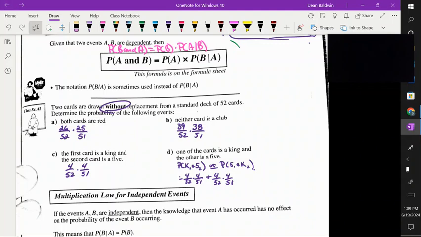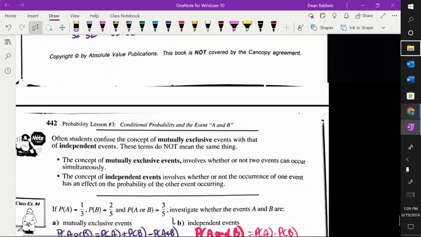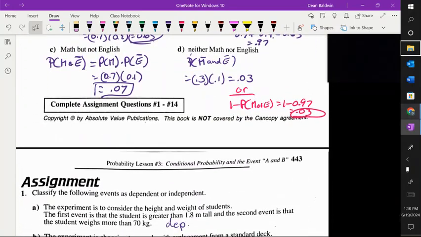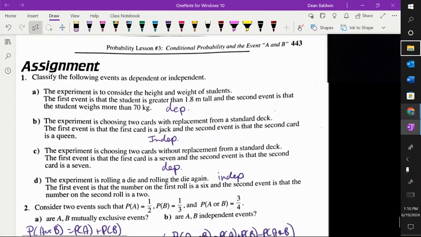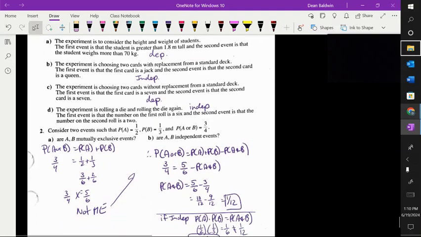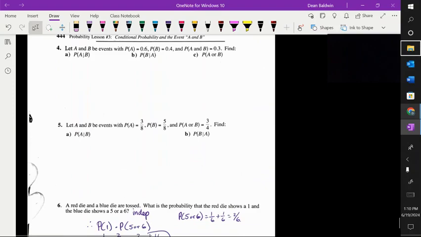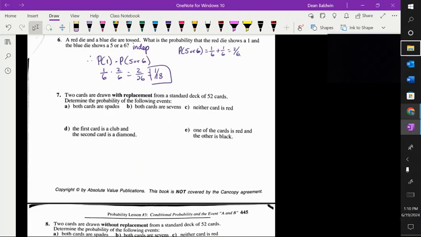Okay? That is it. And so I promised I would do one, but you can see my work from last night. Let's do 1, 2, 3. You don't have to do 4. 6.